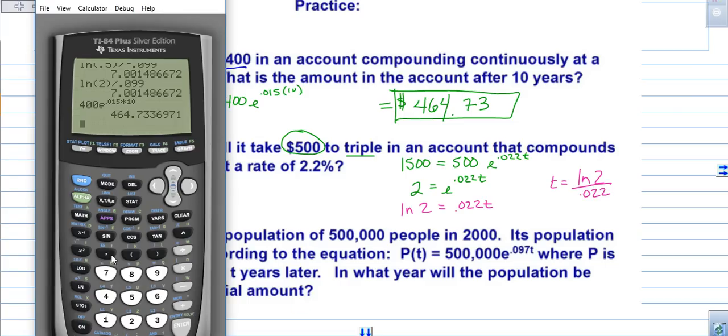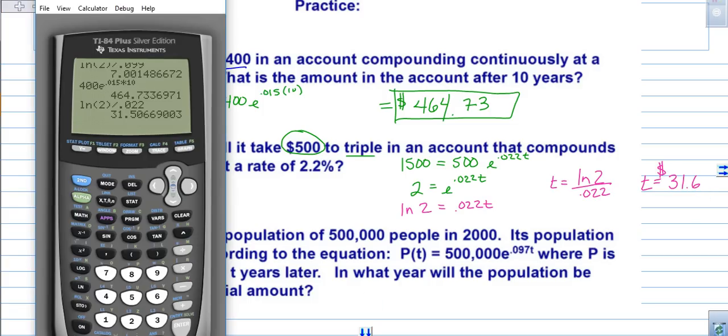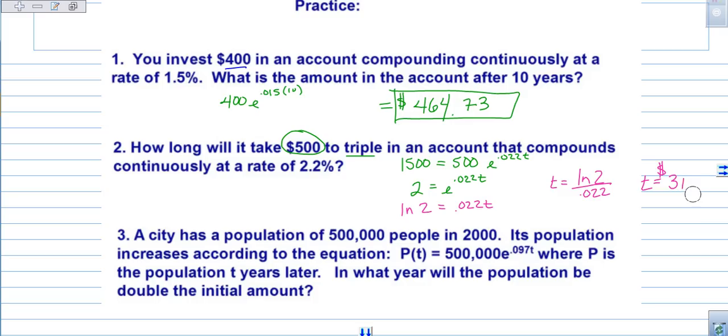And so we do that, natural log of 3 divided by 0.022, and then bang, we get t equals 31.5 years. I put dollars. No, it doesn't make any sense.